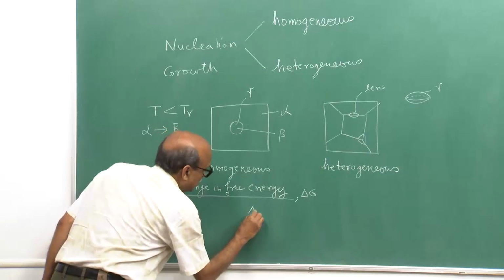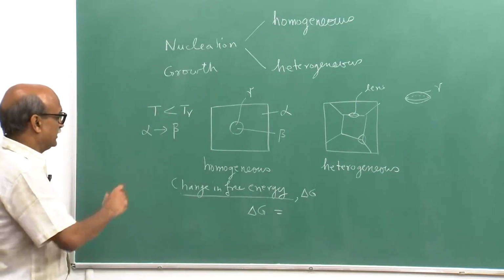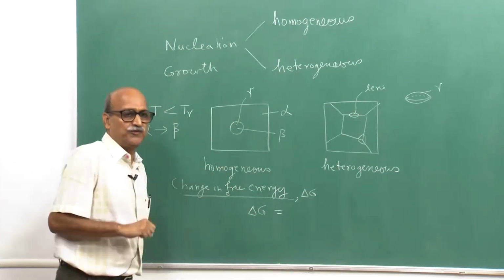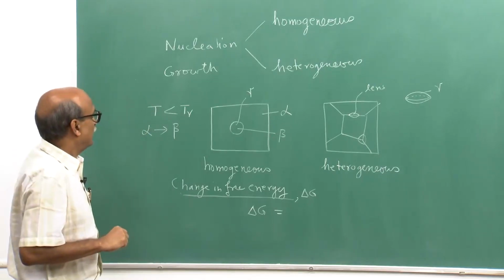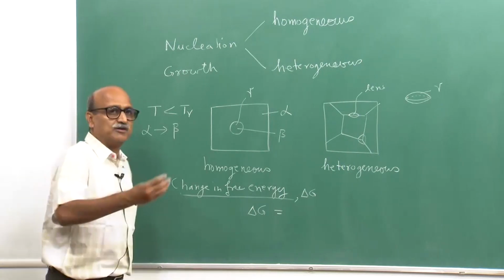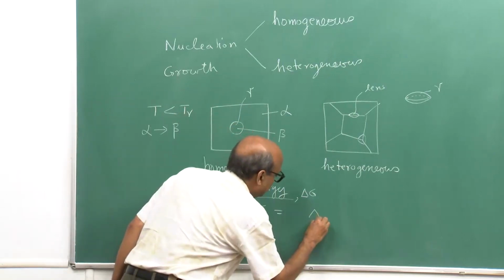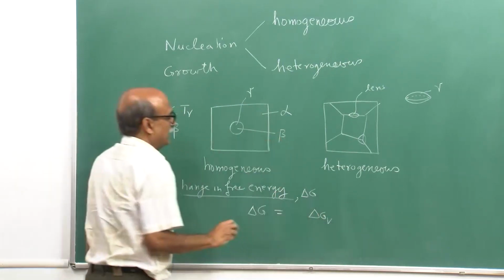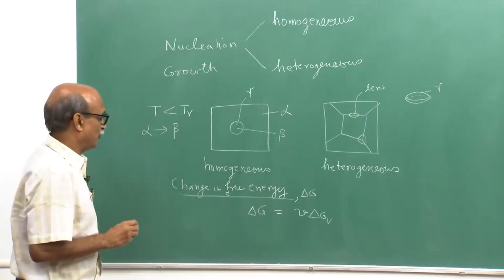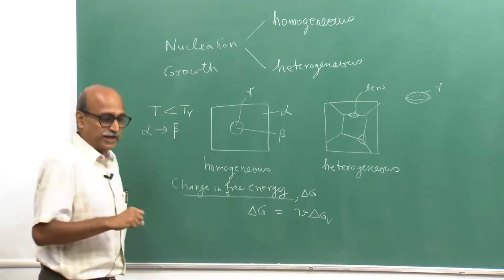This change could be looked at in different components. For example, there is a volume free energy involved where alpha to beta transformation results in the reduction in the free energy. Let us call that delta GV, multiplied by the volume of the nuclei that is formed. This is a resulting change which would be negative.